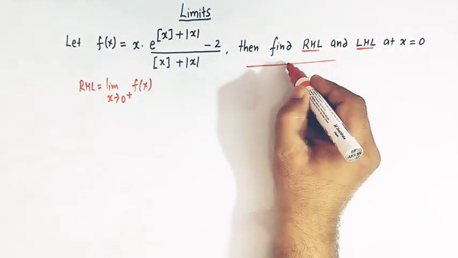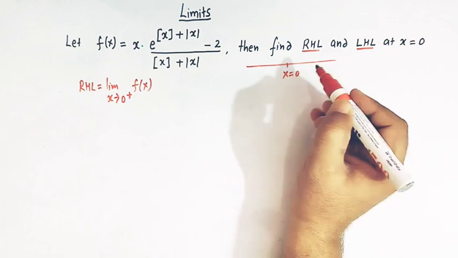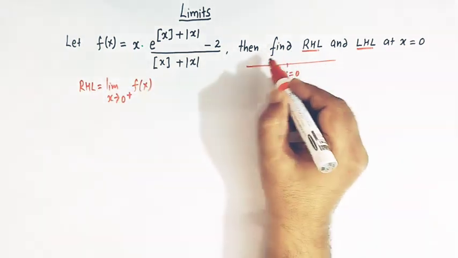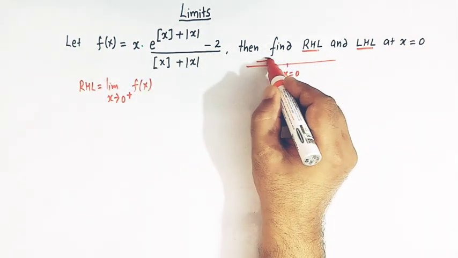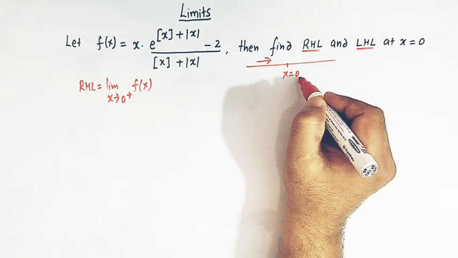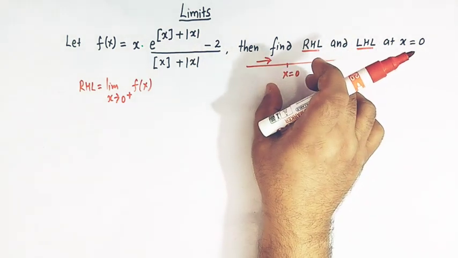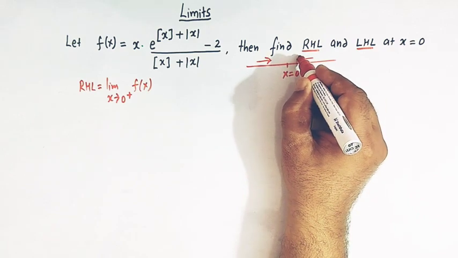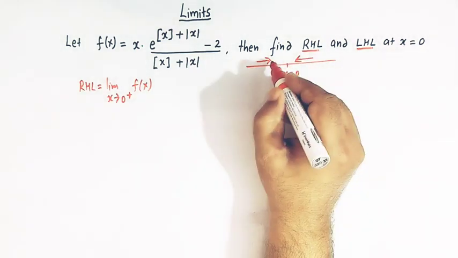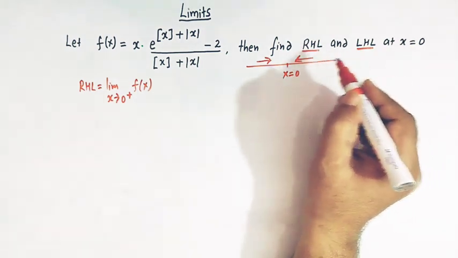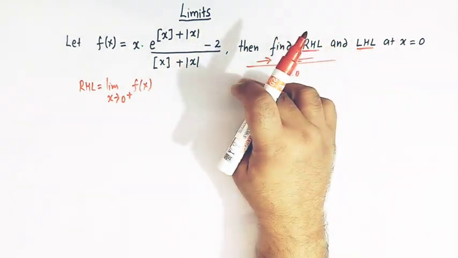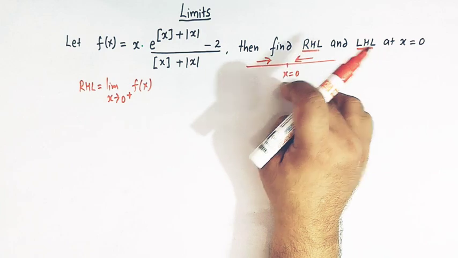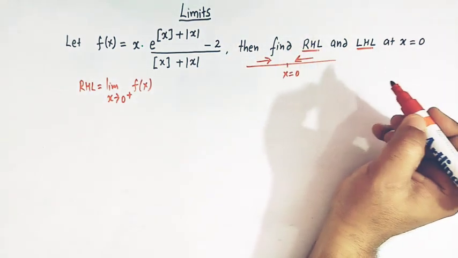For finding the right hand limit we are approaching x equal to 0 from the right of x equal to 0. When we find the left hand limit, we are approaching from the left of x equal to 0 towards x equal to 0.